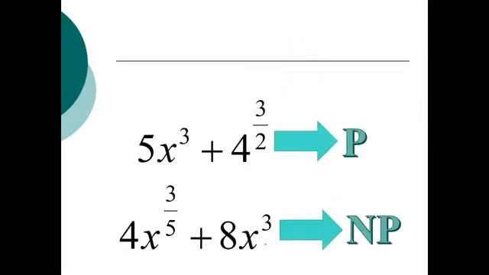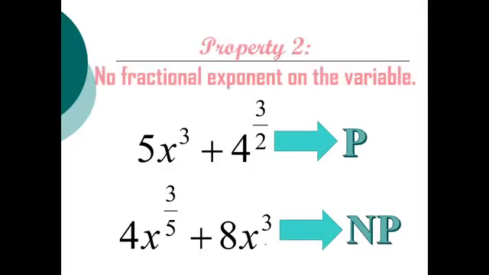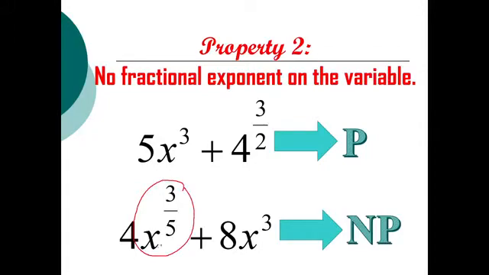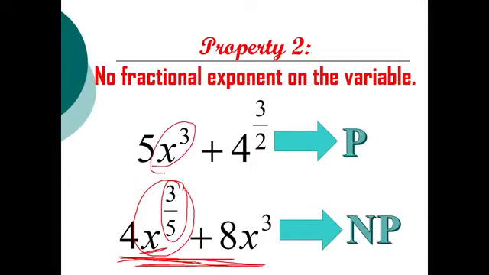Second property: no fractional exponent on the variable. So take note of this here. Because of the fractional exponent on the variable x, this is not a polynomial. This one is not a fractional exponent, therefore it's a polynomial.